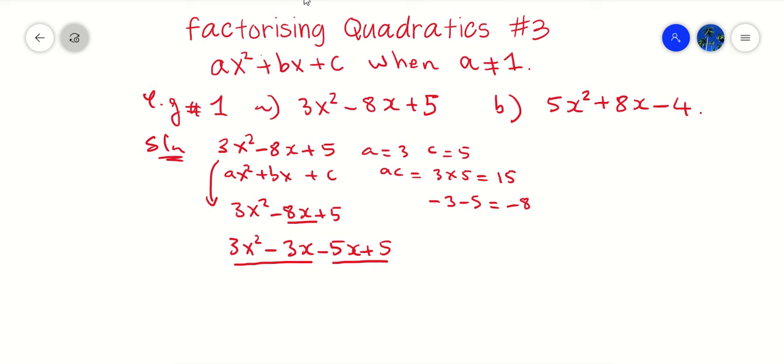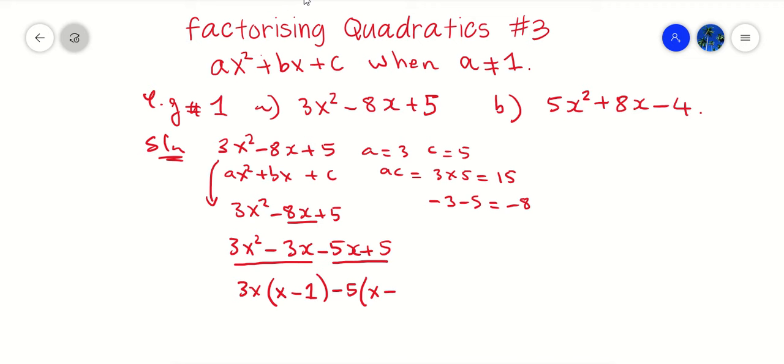Kwa hiyo hapa common factor ya the first two terms ni 3x into bracket, kitakachobakia katika 3x square ukitoa 3x outside the bracket we get x minus 1. When you factor out -5 into the bracket will be x. Now we have +5 divided by -5.